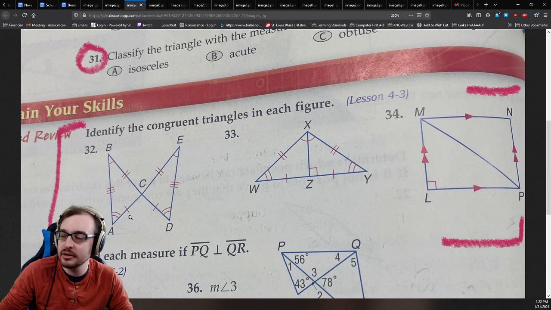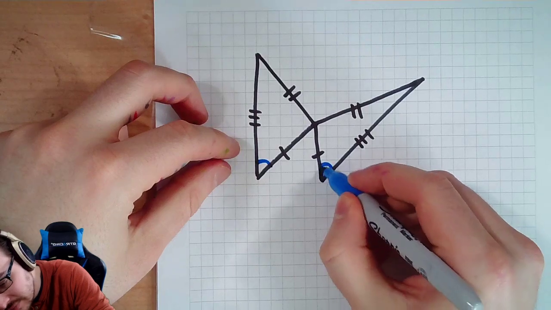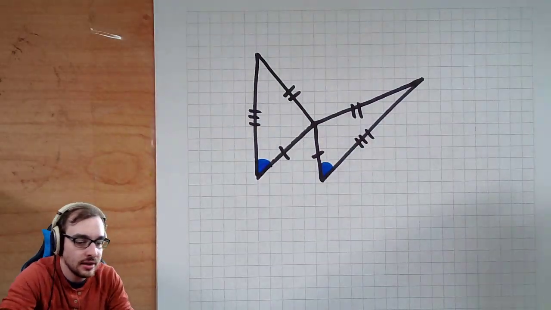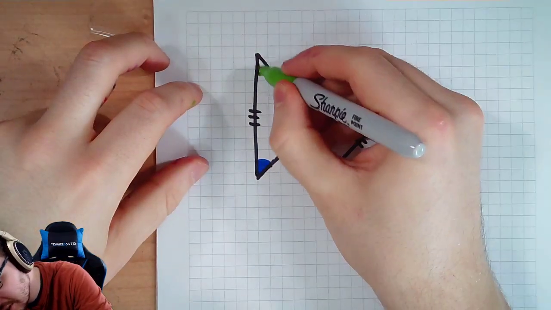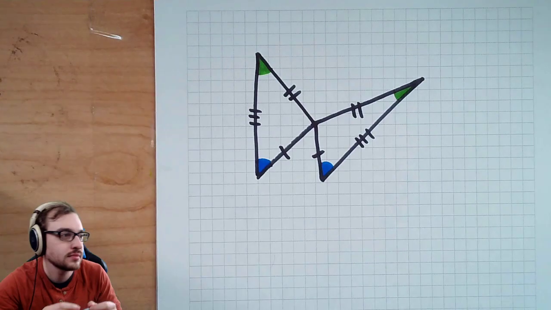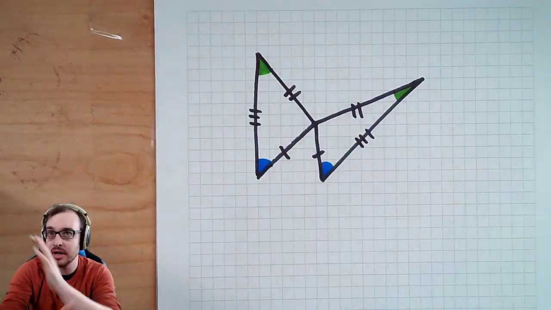I like using color a lot better, but it's the same thing. So this angle will go with this angle. I think it just makes it easier to see things when it's in color. And this angle will go with this angle. Okay, now we can't use vertical angles to get these two. It's not an X.